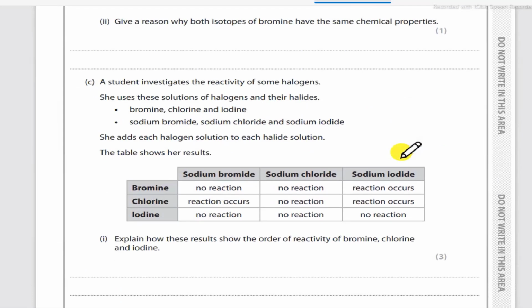Give a reason why both isotopes of bromine have the same chemical properties. Chemical properties depend on the electronic configuration. So they have the same electron configuration.